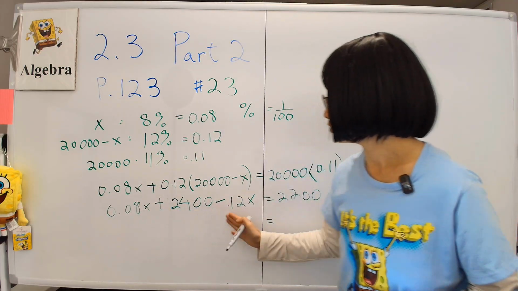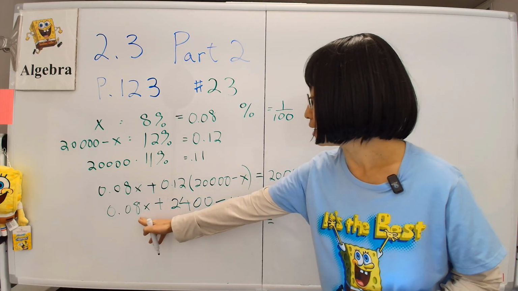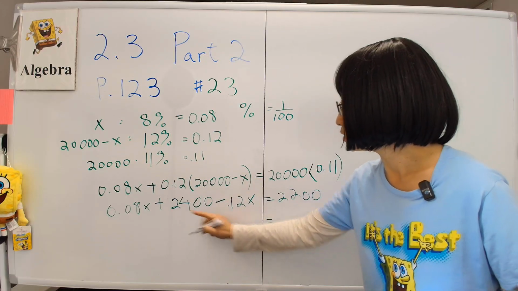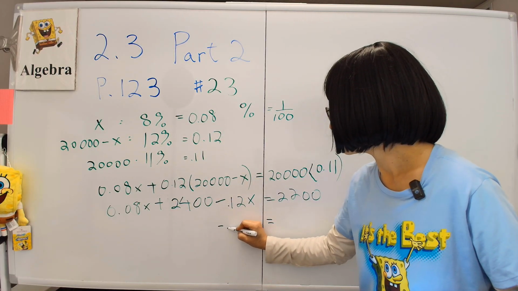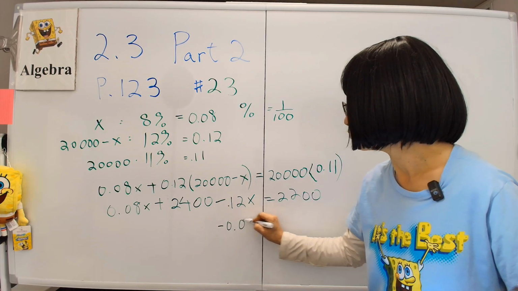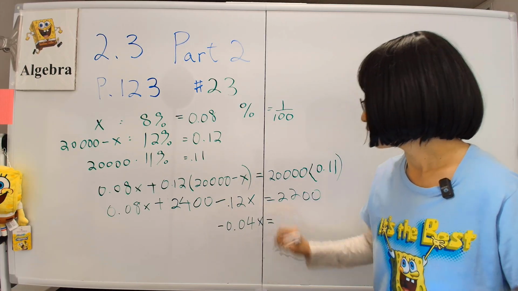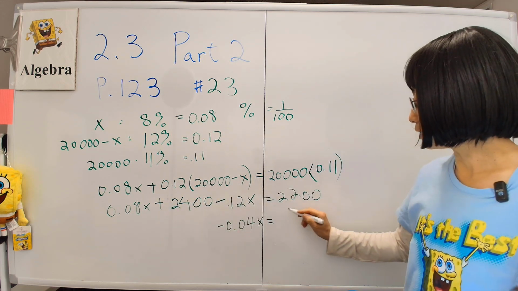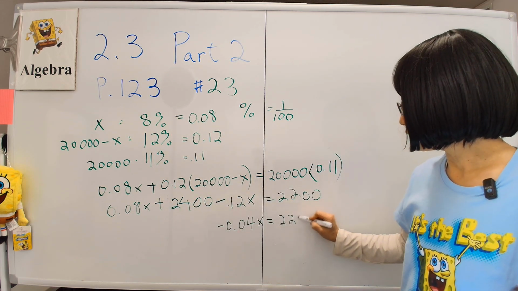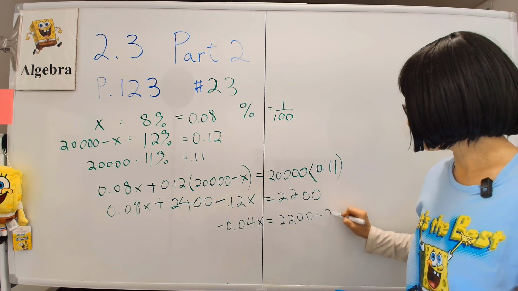So let's do that. That will become 0.08x minus 0.12x, that's minus 0.04x. So we'll keep x's on this side, and then we'll kick this thing to the other side. That will be 2200, and then subtracted by 2400.